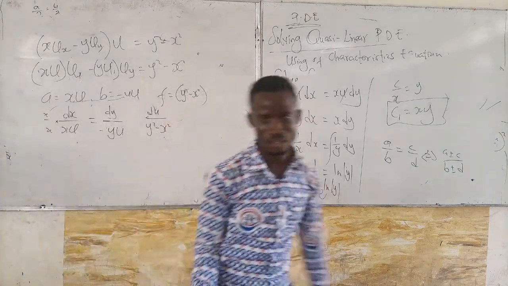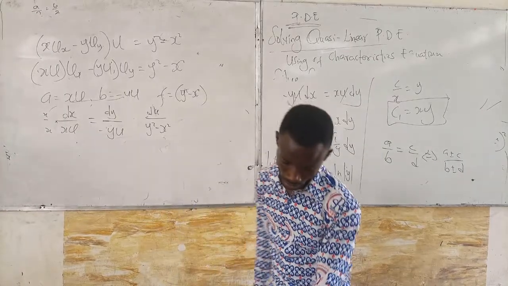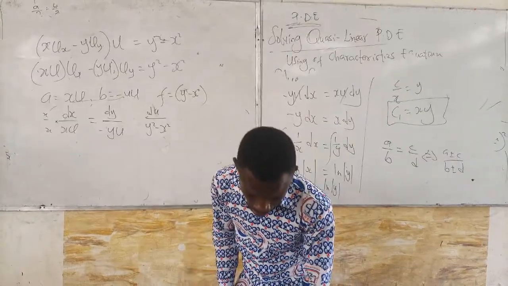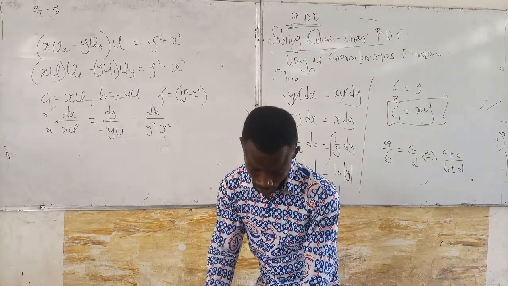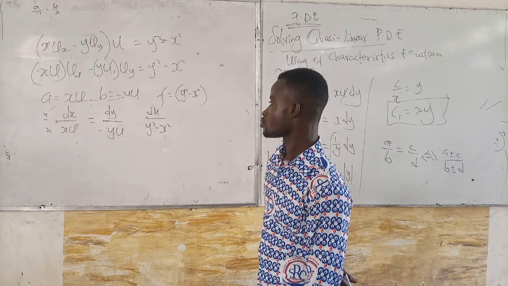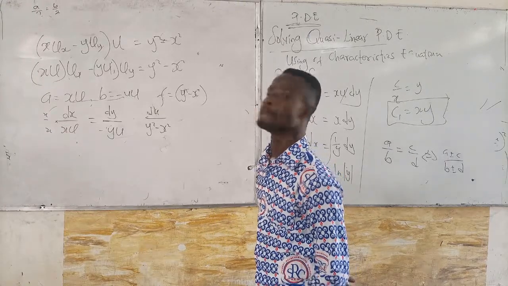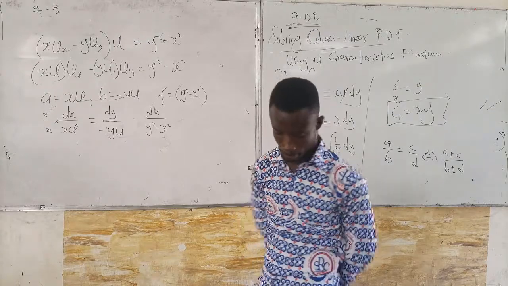You can see that the one at the far right-hand side, y squared minus x squared, is a difference of two squares. Right? So when we add the x over x cubed and the dy over minus y, we get x plus y over x cubed minus y.